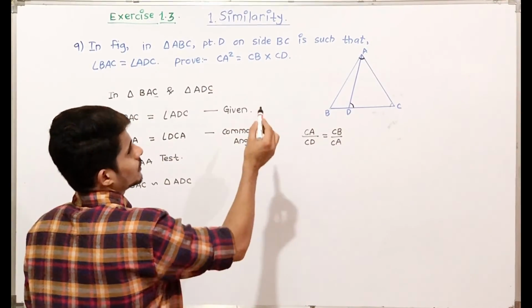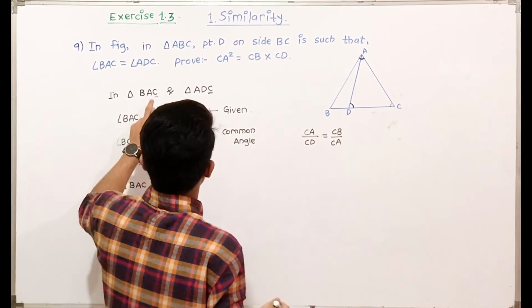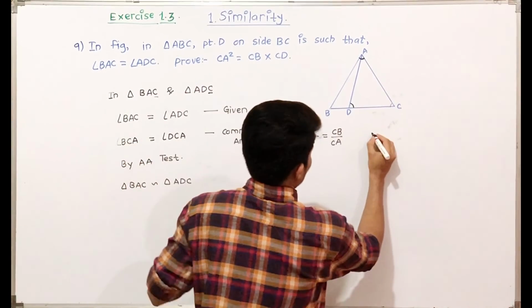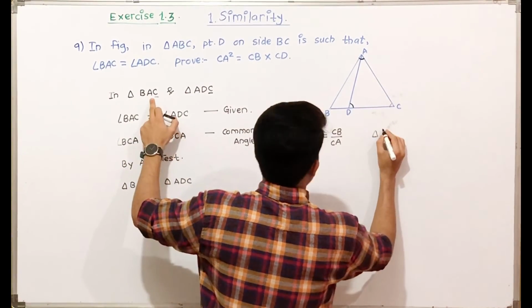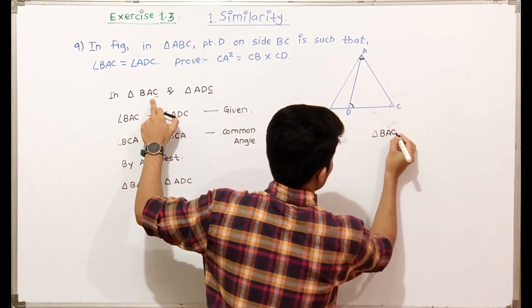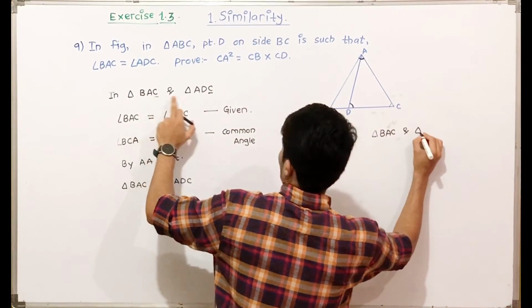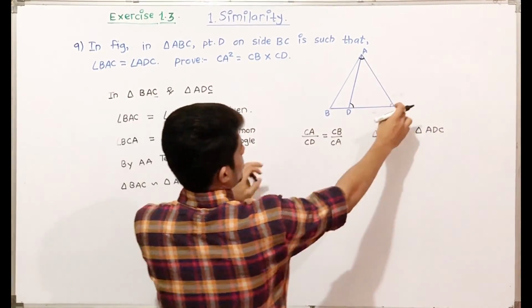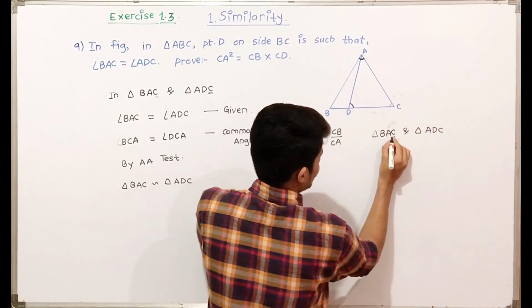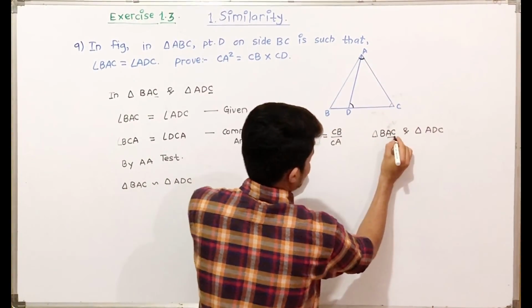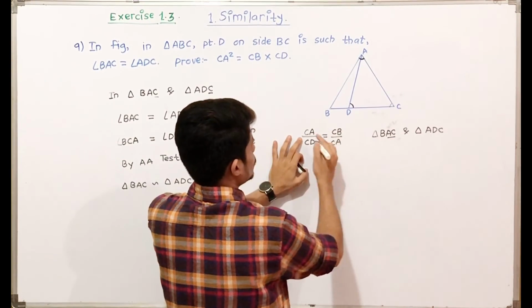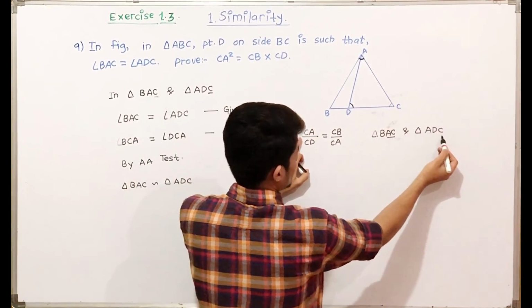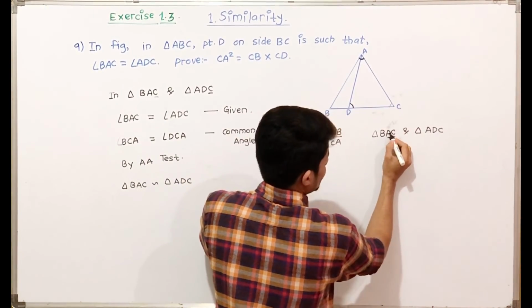If you find it difficult to take the corresponding sides, just look at the triangles. Let's take triangle BAC and triangle ADC. In triangle BAC we have side CA, so for angle ADC the side will be CA.